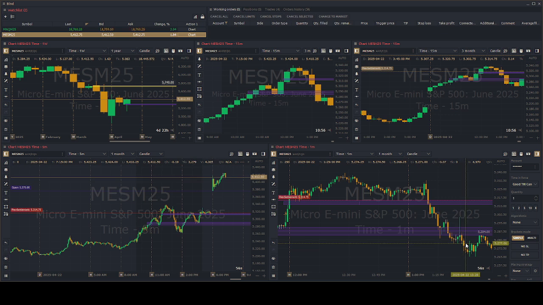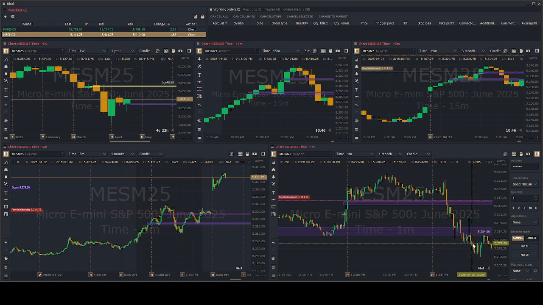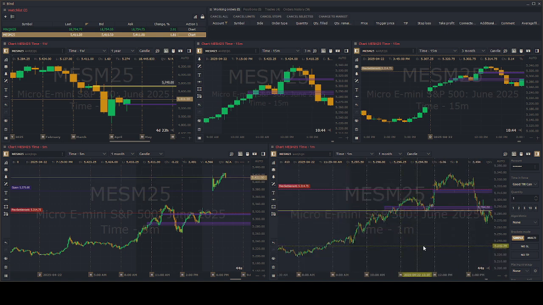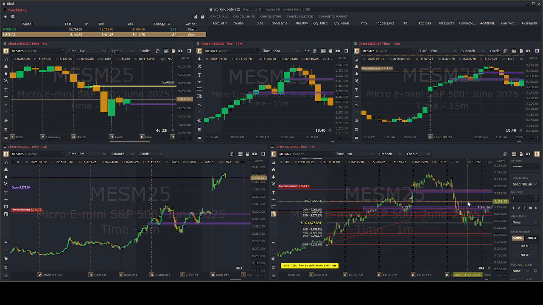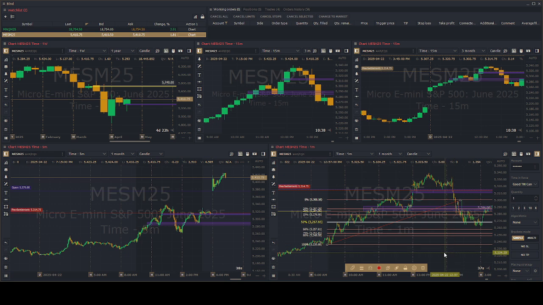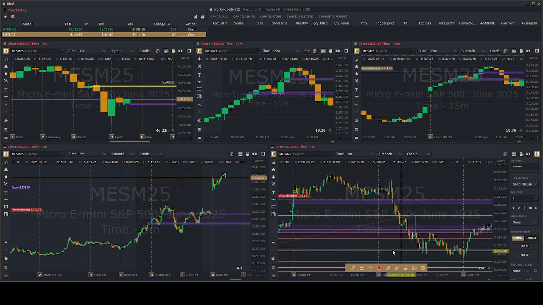This is shoestring's idea of a breaker. This probably isn't what ICT thinks is a breaker, but this is how I view it. Right? Stop up here, entry at this low. I would have had to aim for the New York low. Okay?